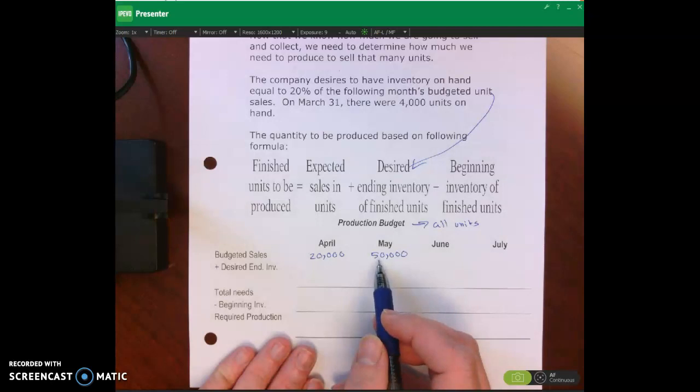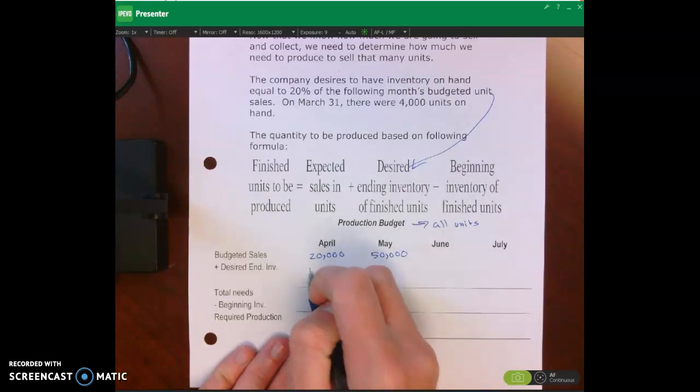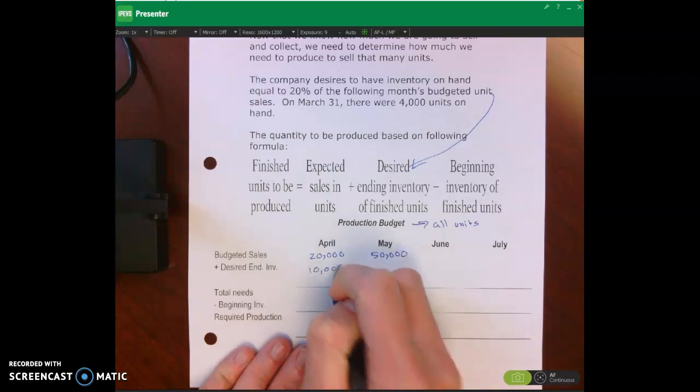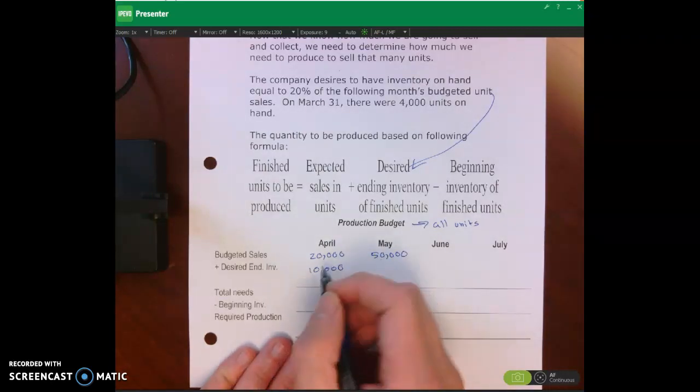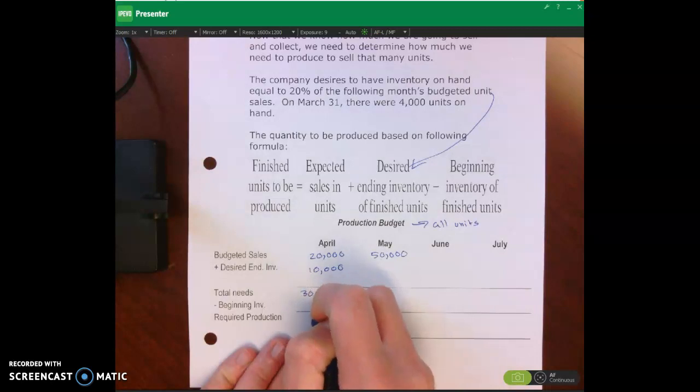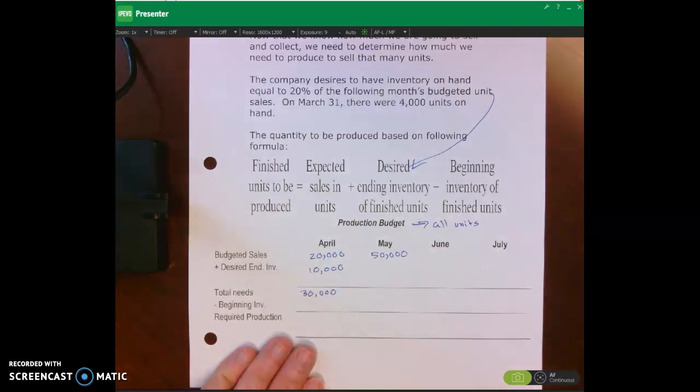So what I'm going to do is multiply 50,000 times 0.2, which gives me 10,000. So my total needs, I add those two together, I need 30,000 units.